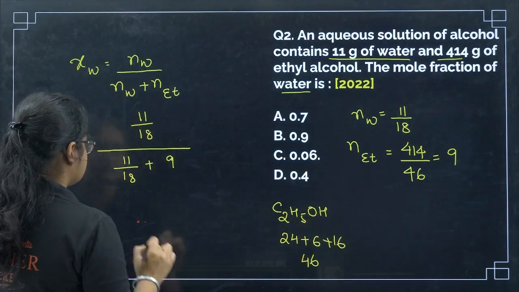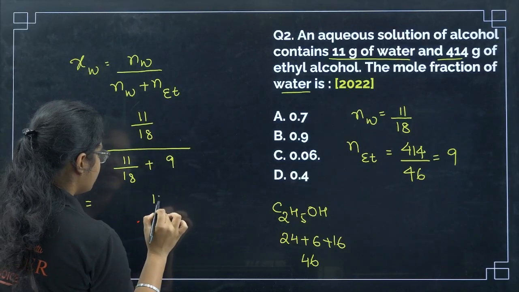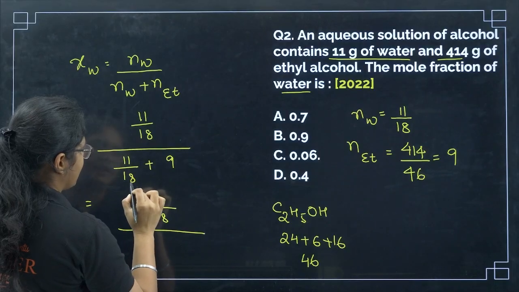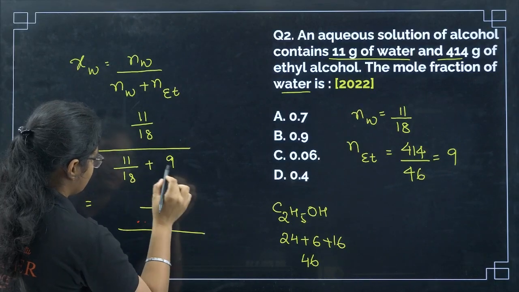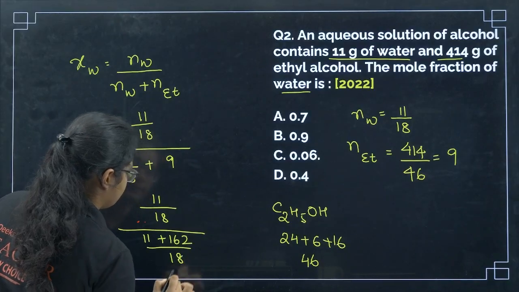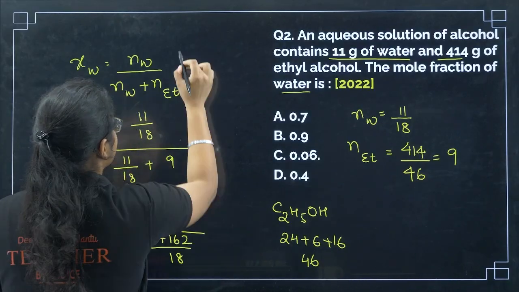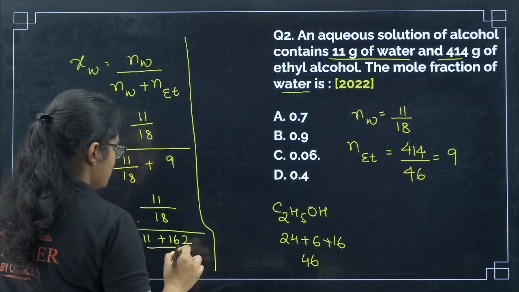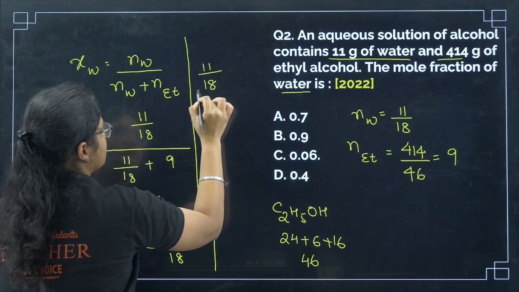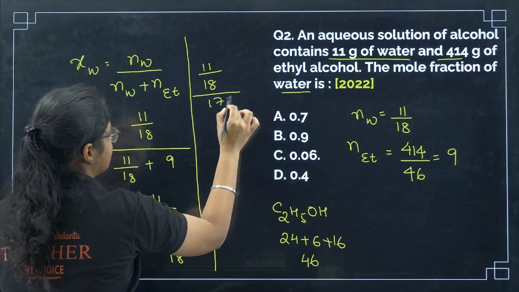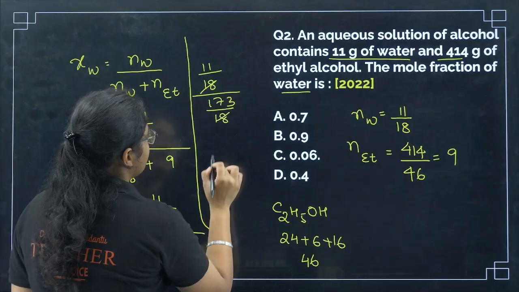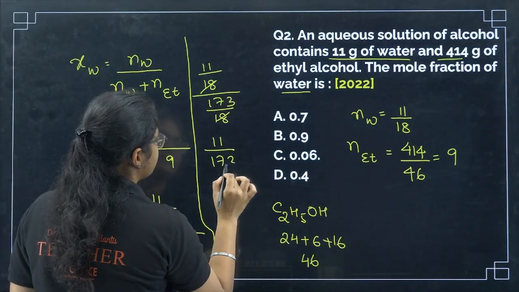Solving this, I have 11 by 18 whole divided by 9 eights are 72, 9 ones are 9 plus 7 is 16, so 162 by 18, plus 11, so 173 by 18. So 11 by 18 the whole divided by 173 by 18. The 18 I can cancel, and I will be left with 11 by 173.